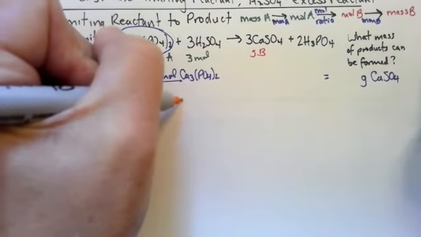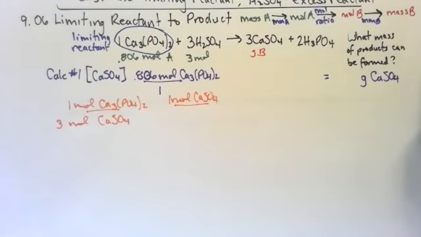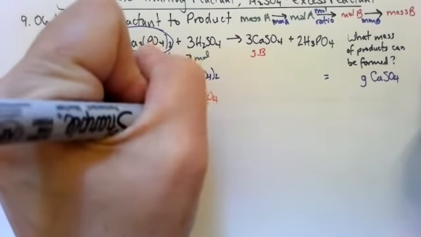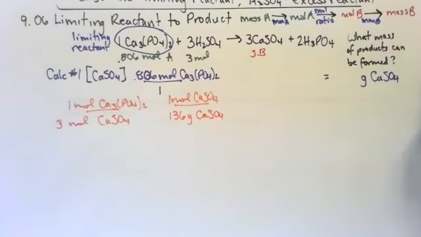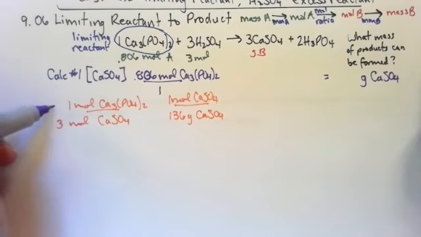So I'm going to say 1 mole CaSO4. Calcium is 40, sulfur is 32, oxygen is 16. So if I take 16 times 4 plus 32 plus 40, that's going to give me 136 grams CaSO4. Okay, now I can insert my conversion factors. This is going to have to be flipped.